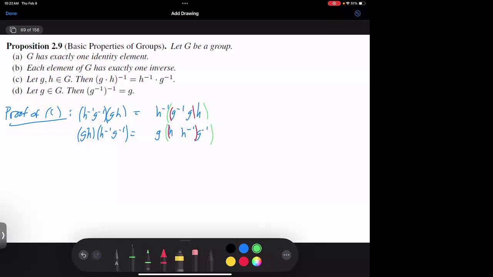Because it's associative, I don't really need to worry about this. I can just leave it like H inverse G inverse GH, G inverse times G is the identity, and the identity times anything is itself. I'm going to just put in all the details because it's early in the semester. I hope this does not turn you off from mathematics. So it becomes H inverse times EH, and the other is G times EG inverse. Well, what's the identity times H?